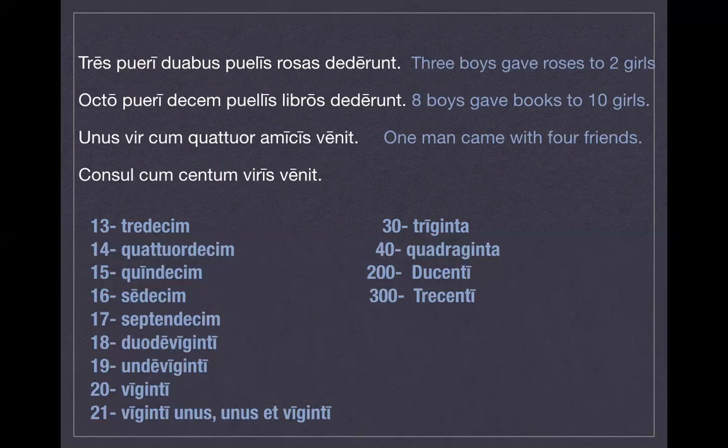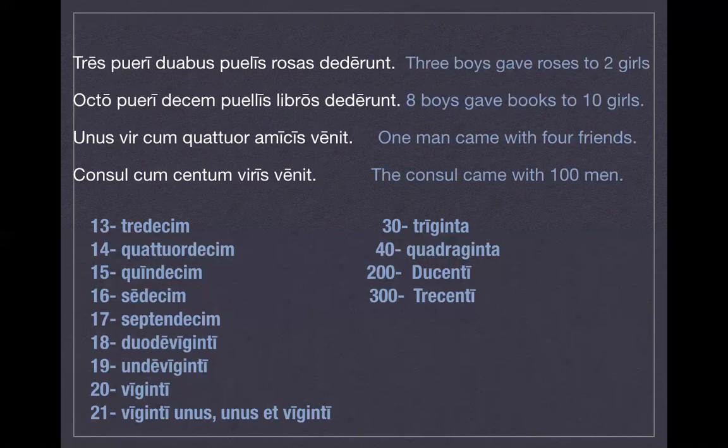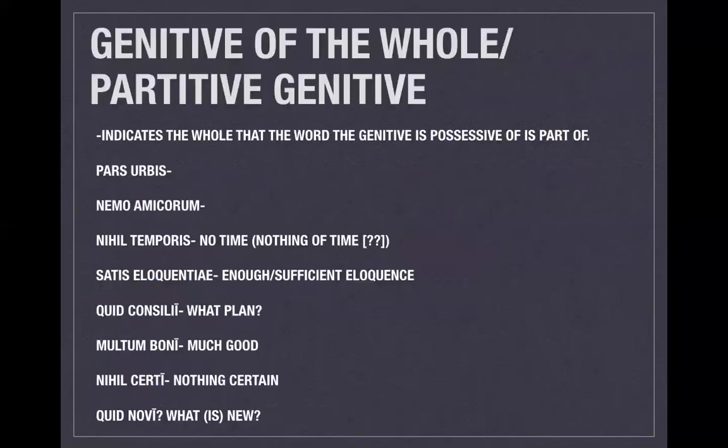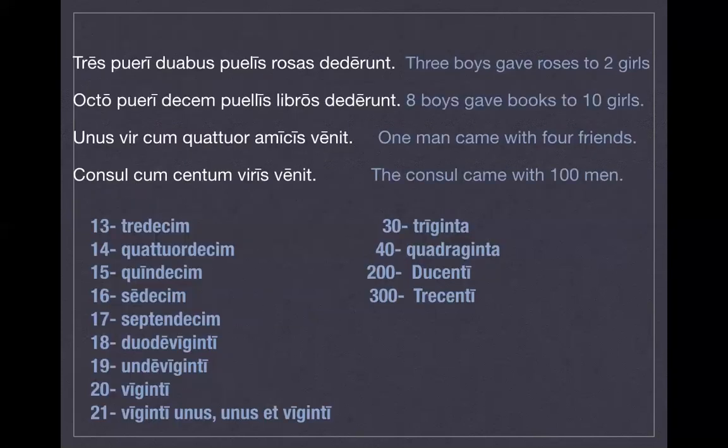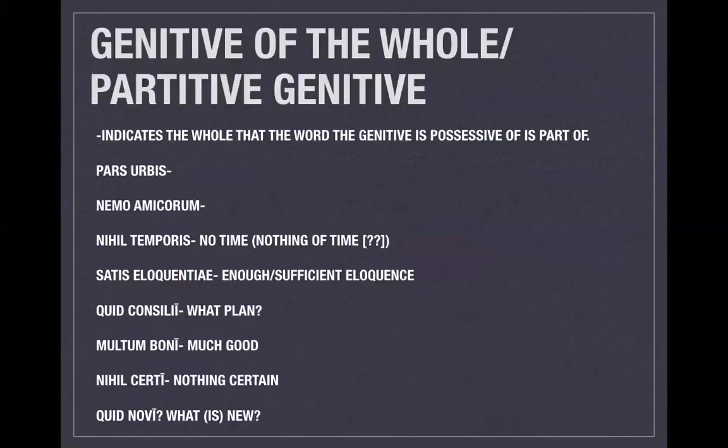Again, quatuor, we just kind of use common sense to understand that as going with amicis. Consul cum quintum. The consul came, cum quintum viris. He came with 100 men. Oh my gosh. Okay, cool. So most of the time when numbers are showing up, it's just pretty straightforward like that.